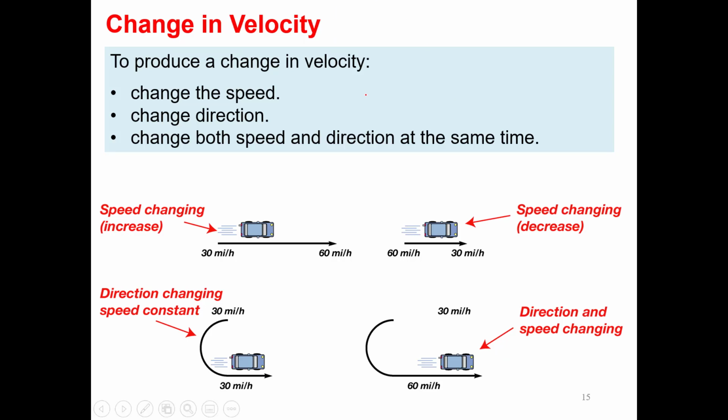How can we change the velocity? Now we know we can change the velocity, which includes the magnitude and the direction. We can change the velocity if we change the speed. For example, if we are moving at 30 miles per hour and we increase the speed and move up to 60 miles per hour, in this way we change the velocity.